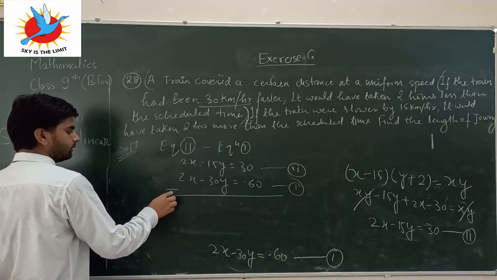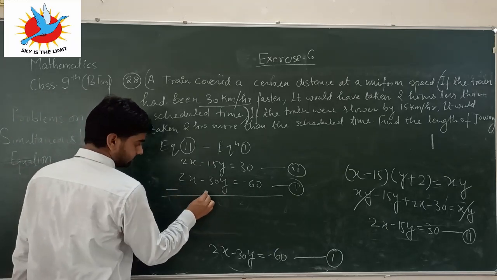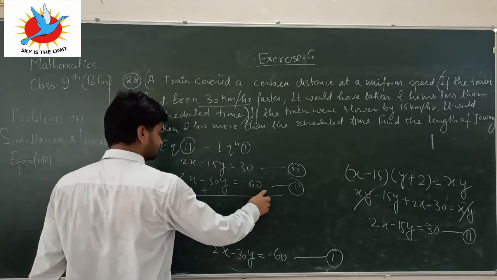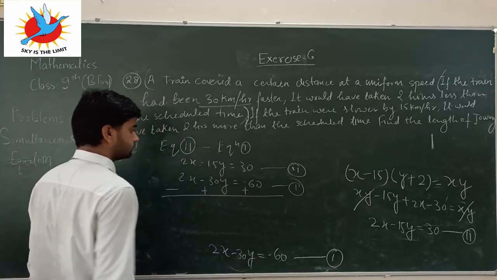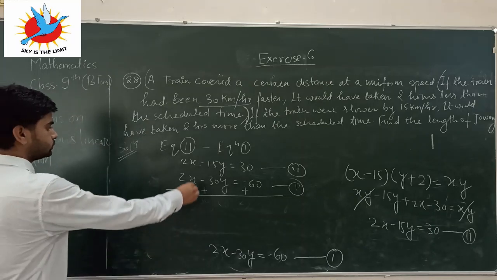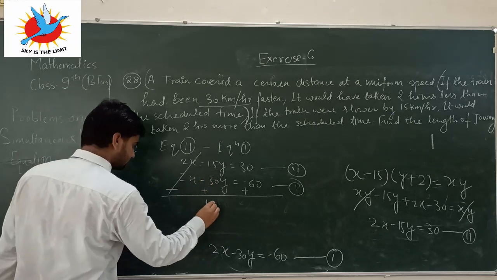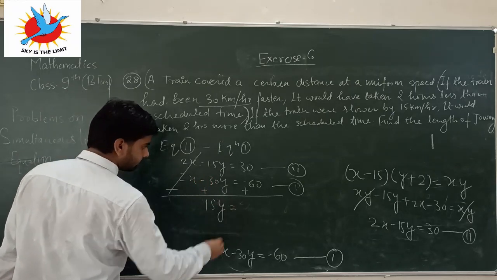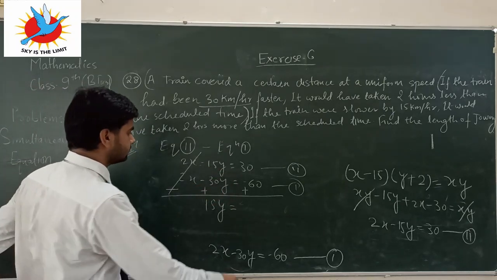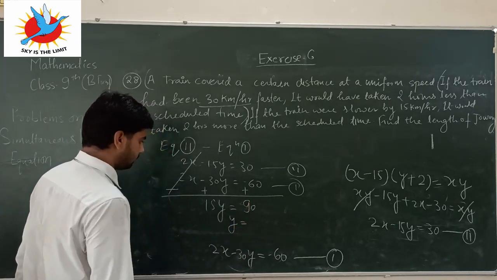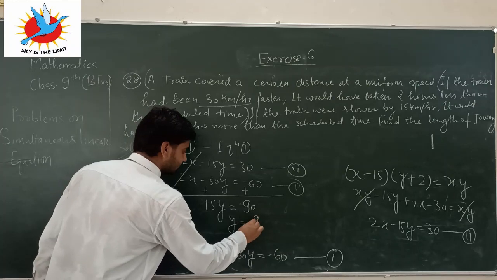Plus 2x will become minus 2x, minus 30y will become plus 30y, and minus 60 will become plus 60. Now plus 2x and minus 2x will get cancelled out. Here we will get 30y minus 15y, that is 15y, and here we will get 60 plus 30, that is 90.